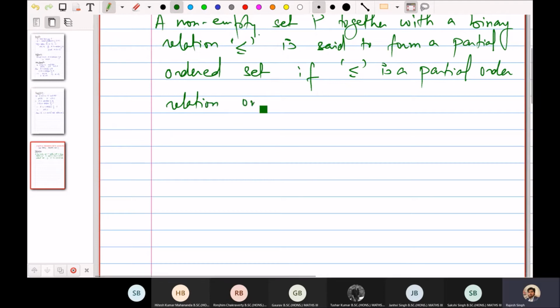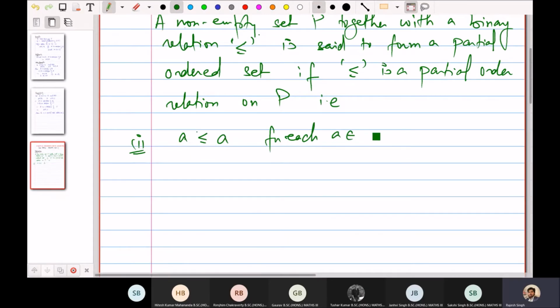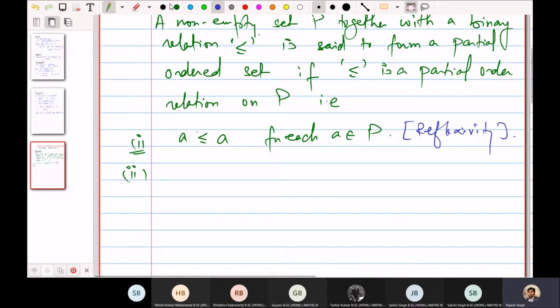first, A is related to A for each A belonging to P. This property is our reflexivity.